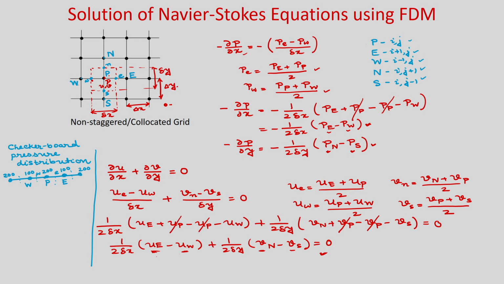If you calculate the pressure at each face, what are you going to get? It is just the average, 200 plus 100 divided by 2. So that means it is 150, and at this west face it is also 150, okay. And del p by del x, if you calculate, is 150 minus 150, which means 0.